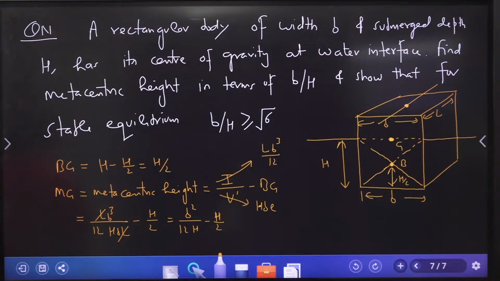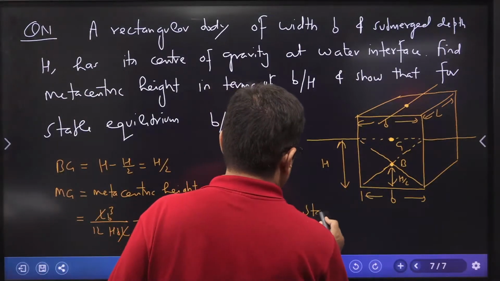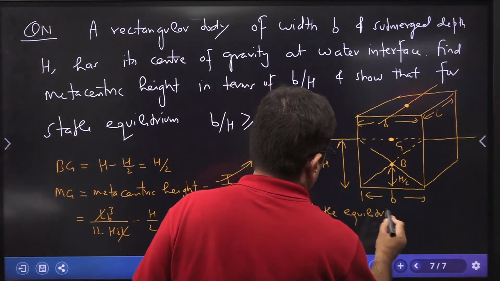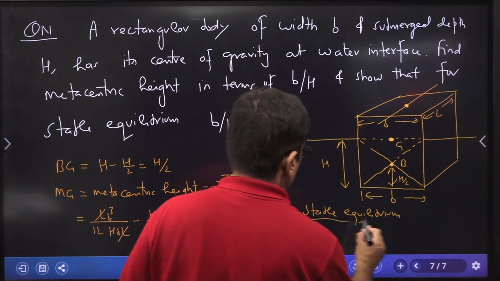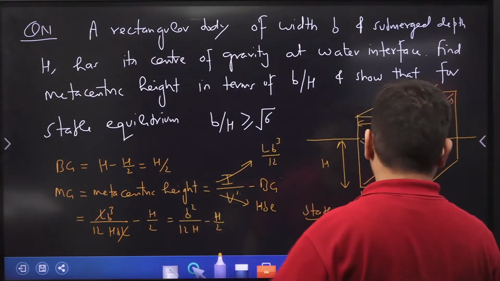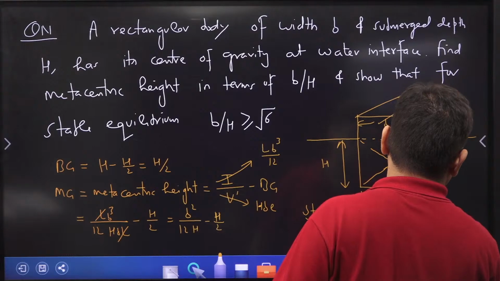Now for stable equilibrium, what condition is required? Metacentric height in terms of B by H we have to calculate, that is what we have calculated. For stable equilibrium, the metacentric height MG should be greater than or equal to 0.